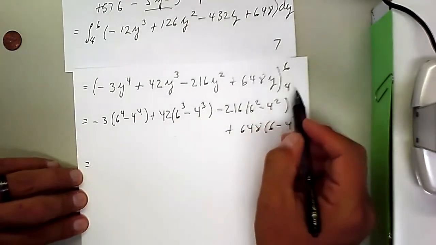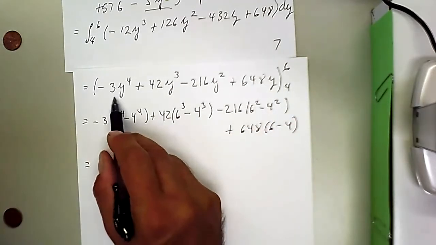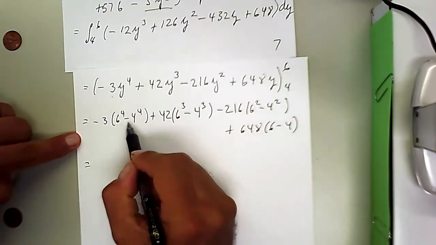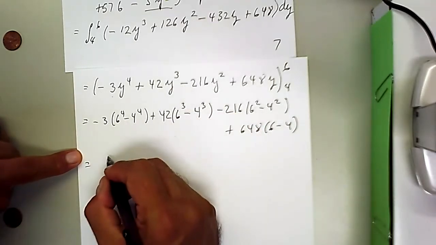We're plugging in the 6, plugging in the 4. Since we have a product with a constant, there's no point in multiplying by the constant through. We can just wait until we do the subtraction by factoring.